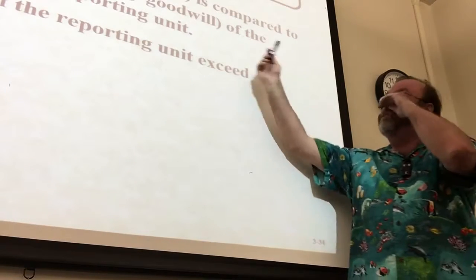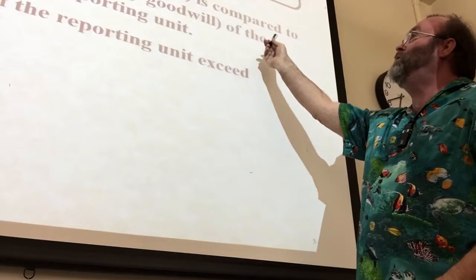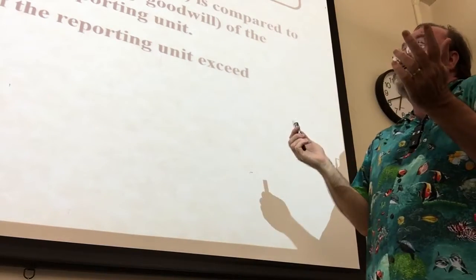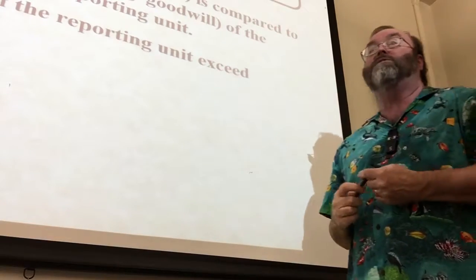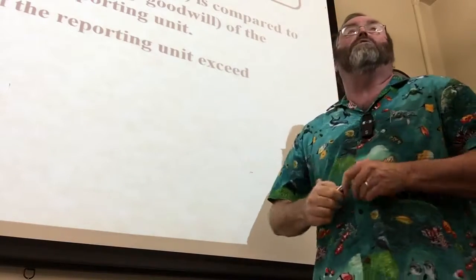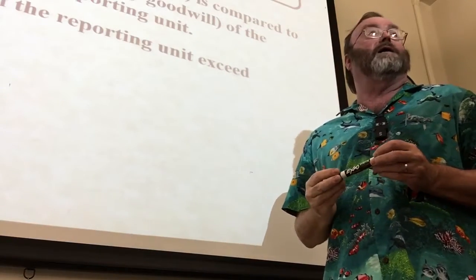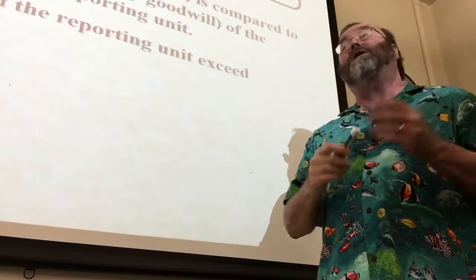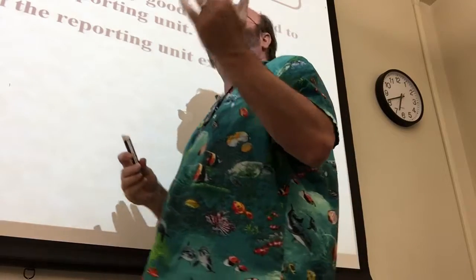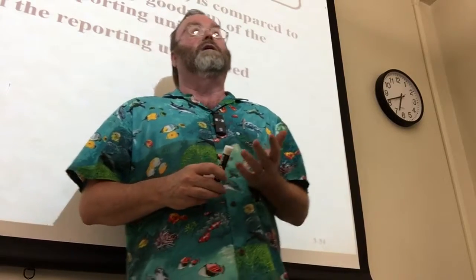So step one, the fair value with the allocation is compared to the carrying value, including goodwill. Does the fair value exceed the carrying value? And in almost every case, the fair value of an asset that you've been operating should be higher than the book value. Because think of your fixed assets. Even buildings, you depreciate over time to zero.